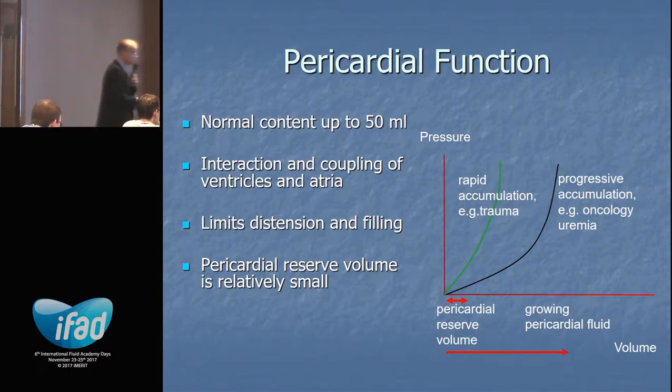So you would be surprised how much you can squeeze into pericardium in some oncology tamponade, where you would drain, for example, 800 mils, 1 liter from pericardium. Or you would get a patient with trauma who tamponade after accumulating some 200, 300 mils in pericardium. So it will be much faster.